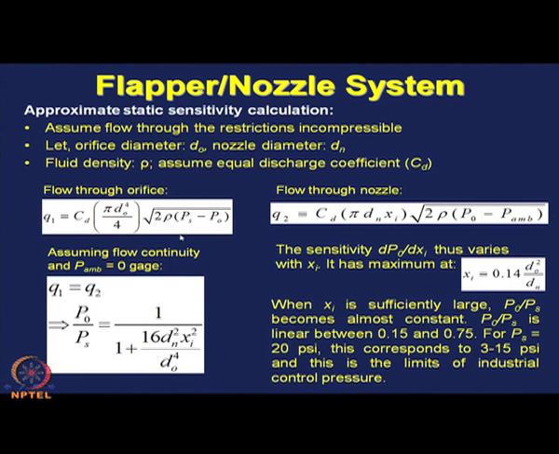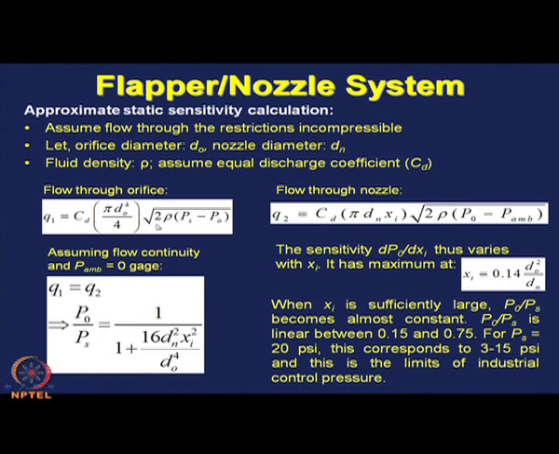Now, if you assume flow continuity, the flow through orifice should be equal to flow through nozzle. If we assume P ambient equal to 0 gauge pressure, then we can equate Q1 equal to Q2, and after some rearrangement we can write P0 by Ps as this equation.